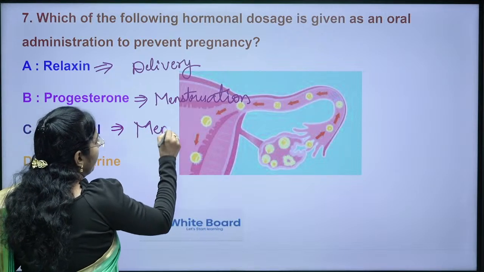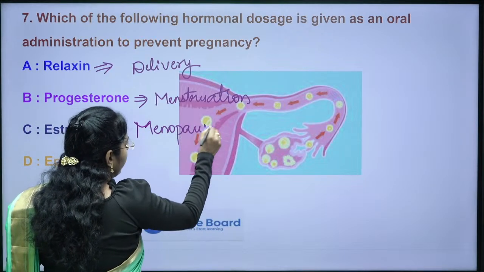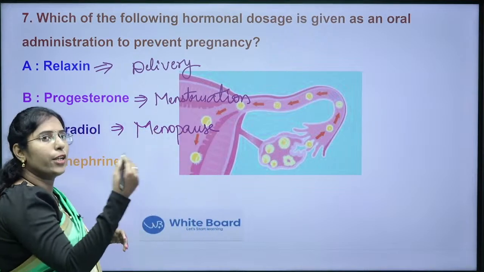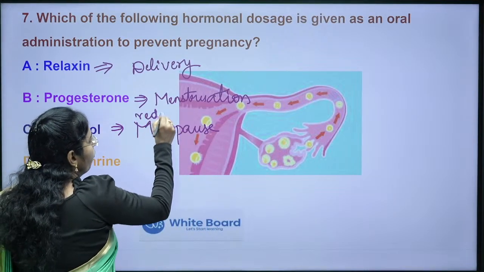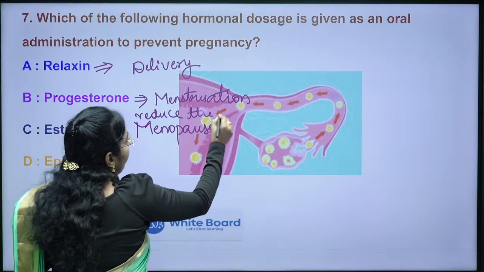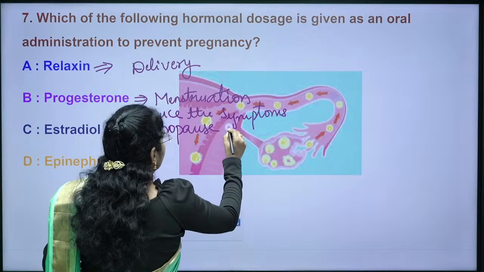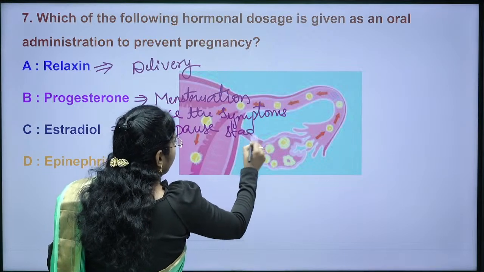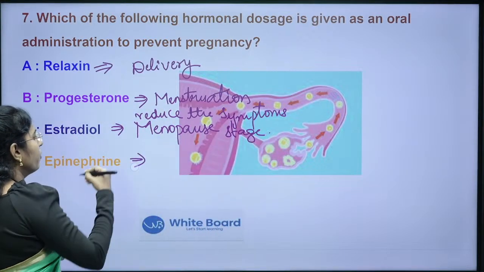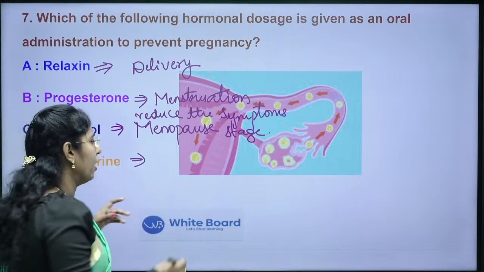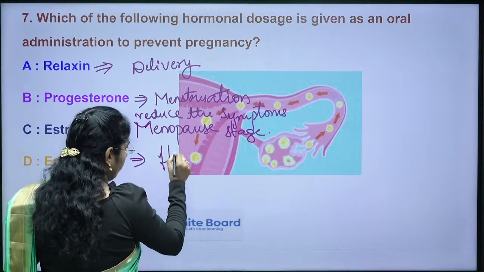So during the menopause stage, whatever symptoms there will be, it is used to reduce them. Next, last, epinephrine, nothing but our adrenaline, which is the fight or flight hormone.